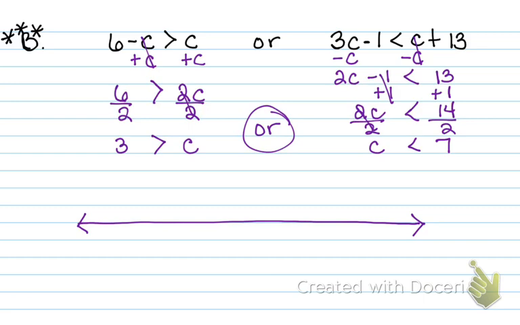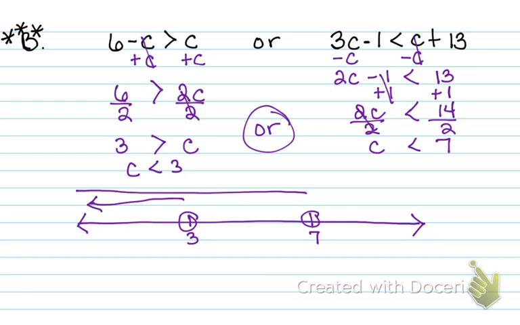So let's go ahead and try to graph. So we have 3 and we have 7. We are going to see open circles, and then we're going to look at each individual one. Now, if you need to see this the other way, as C is less than 3, you can rewrite it. It means the same thing. So C is less than 3, that goes this direction, and C is less than 7, that goes this direction.